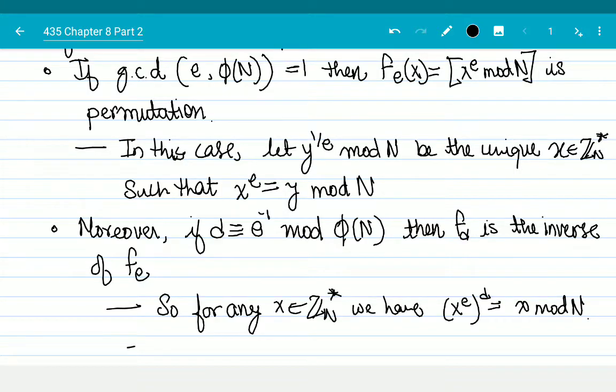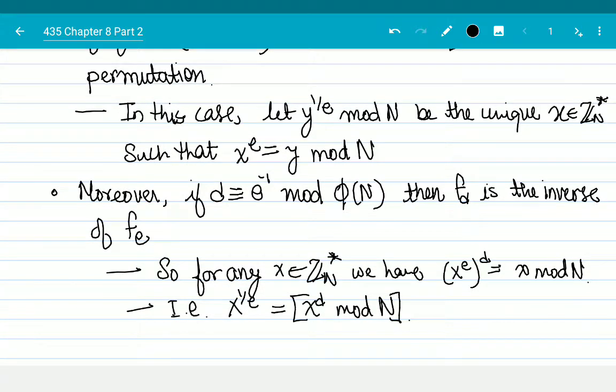That is, x to the 1 over e is equal to x to the d mod n. So in these cases, we have a unique eth root of x. Okay, not unity.